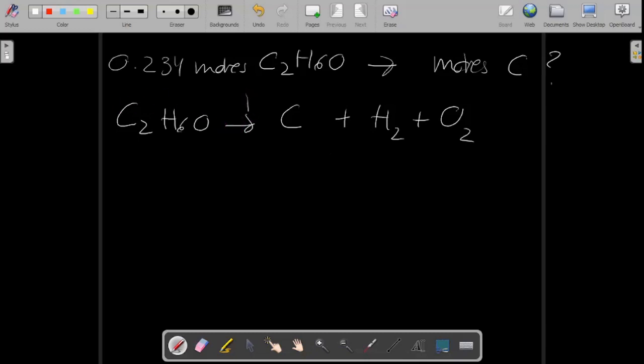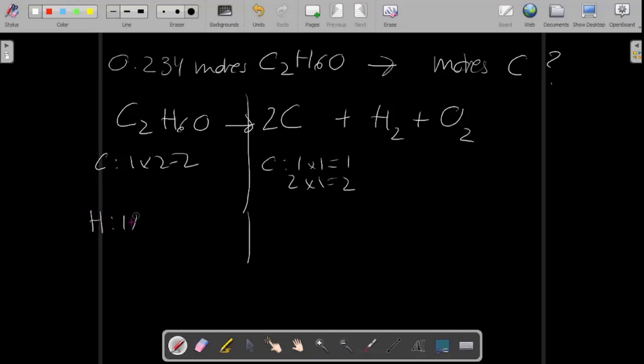Well, balancing means counting atoms. Let's start with carbon. 1 times 2 equals 2. Carbon here is 1 times 1 equals 1. Okay, that's not going to work. So I'm going to have to put a 2 here, and that will become 2 times 1 equals 2. Okay, let's start with the next one.